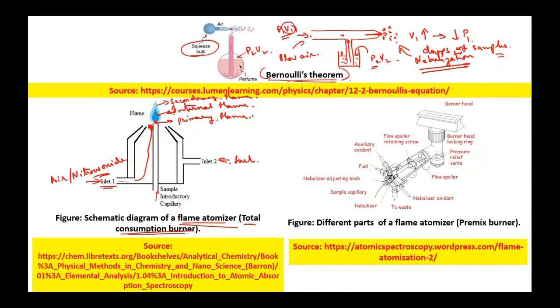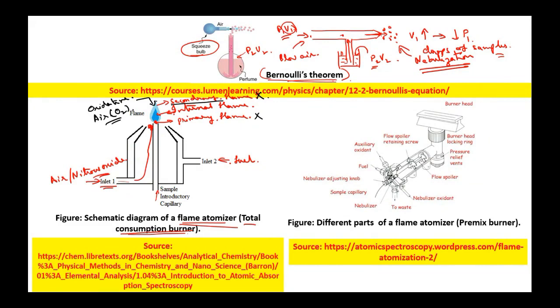While taking the reading, we do not take the reading from the primary flame region or from the secondary flame region. In the secondary flame region, this light color, it is highly oxidative in nature. Because this outer flame is in contact with the external air, which is having a large source of oxygen.